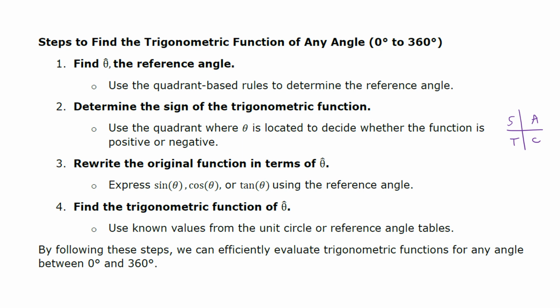So we'll express our trigonometric functions using the reference angle, and then we'll find the trigonometric function of the reference angle. So we'll use the known values from the unit circle or our reference angle tables. By following these steps, we can efficiently evaluate trigonometric functions for any angle between 0 and 360 degrees.